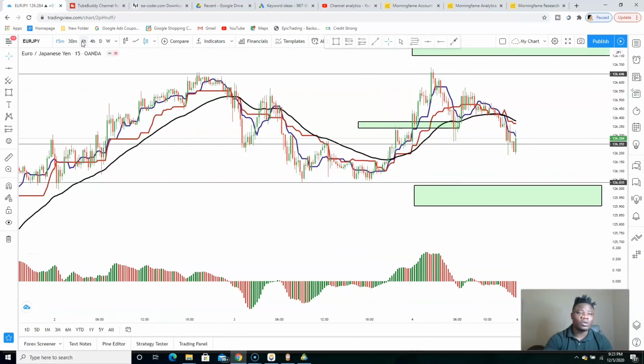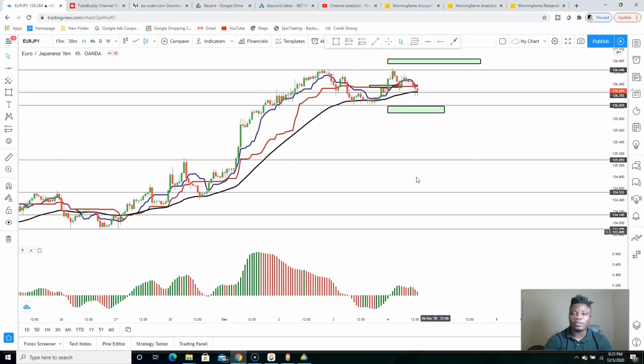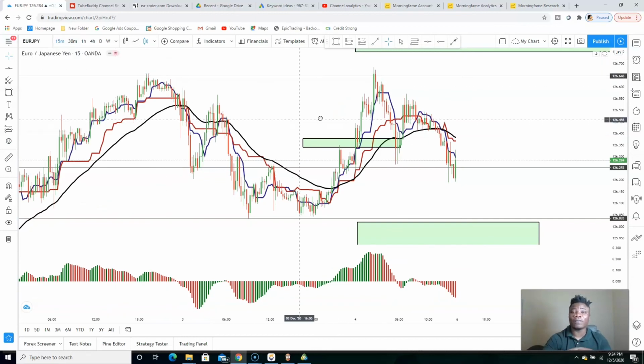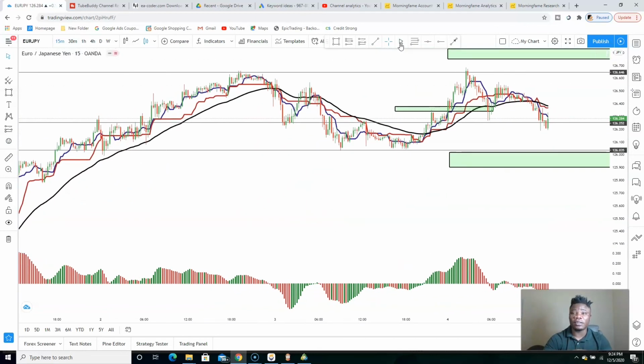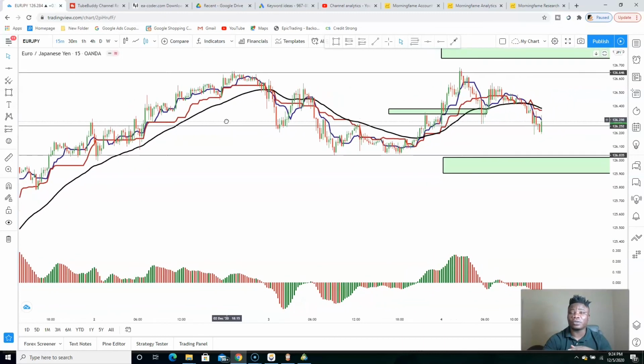But we go to the 1 hour time frame and we can clearly see that's actually the same thing that happened right here. That's exactly the same thing that happened on the 1 hour time frame. So you will definitely know for sure that, oh yes, I'm definitely in a good trade. Now this is definitely a good trade for me to get into.